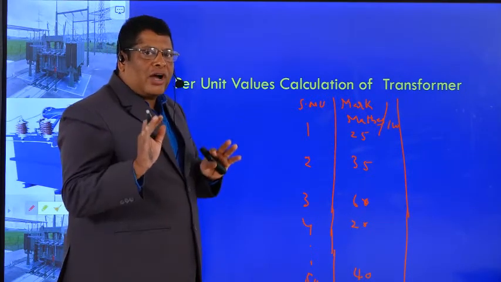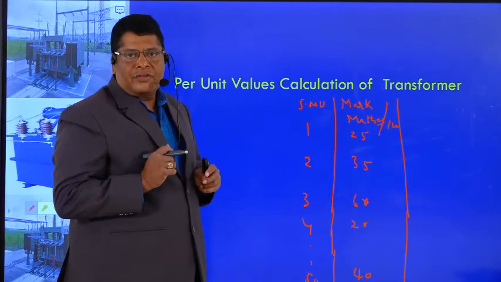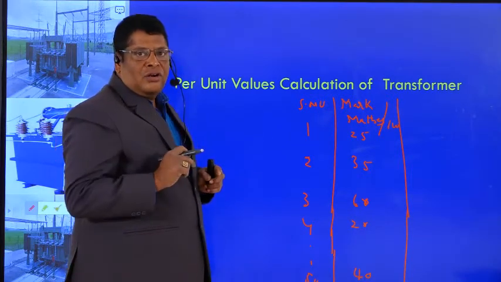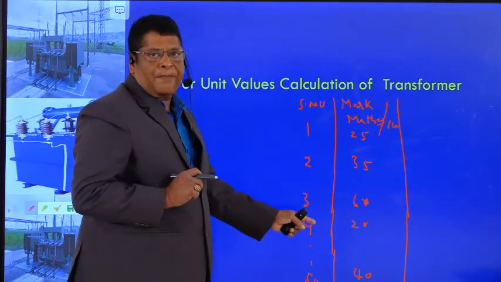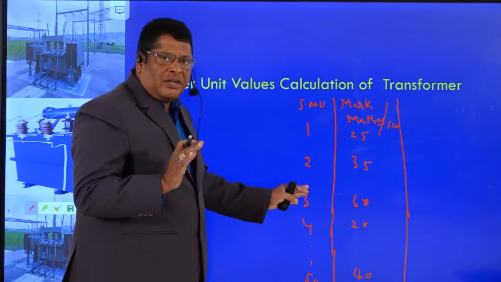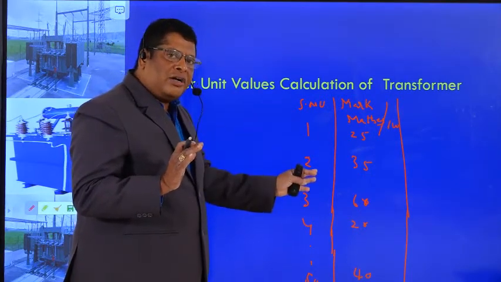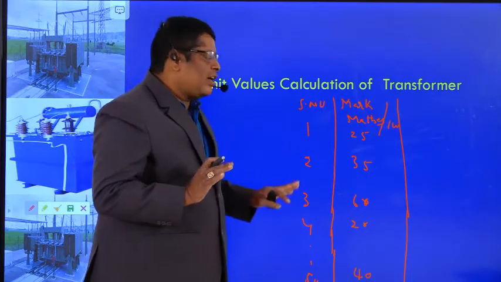Suppose we want to represent the same marks in per unit. Now we have to take the maximum value of the marks obtained by the students. Out of the 50 students, no student can get more than 100 marks.